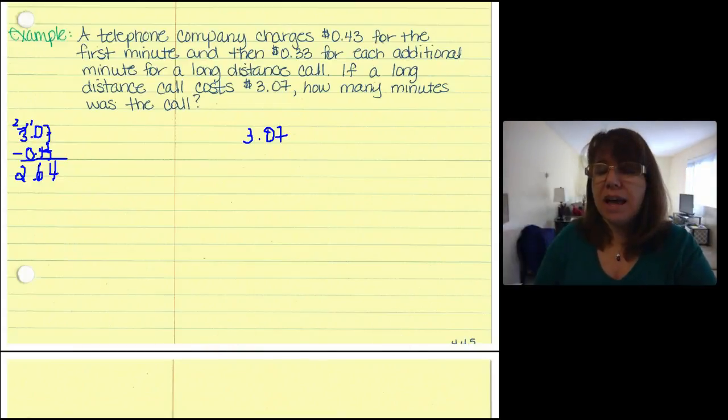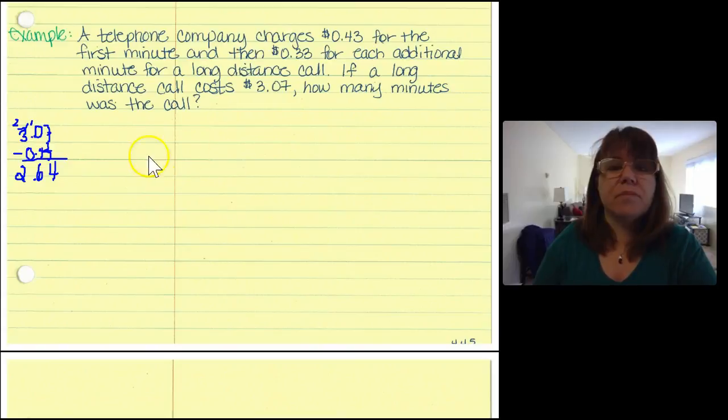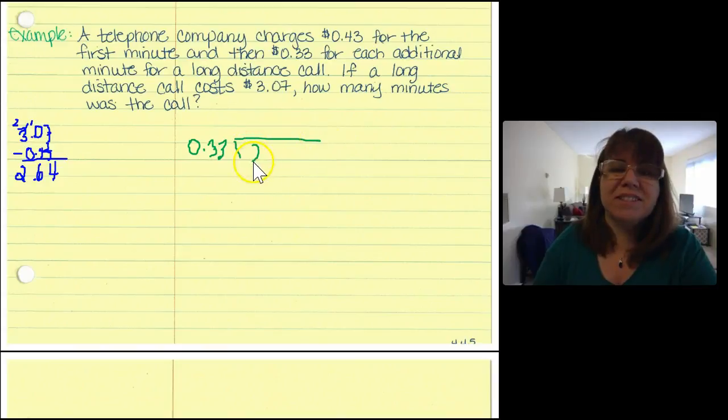I'm going to divide 33 cents into the remaining amount of money, which was $2.64. So 0.33 divided into 2.64.